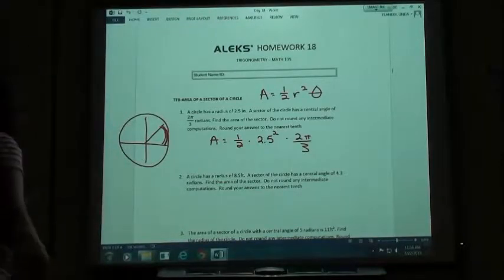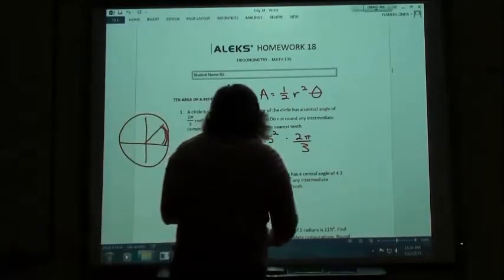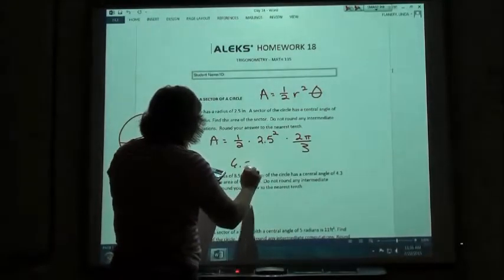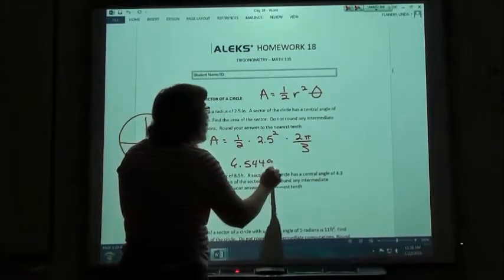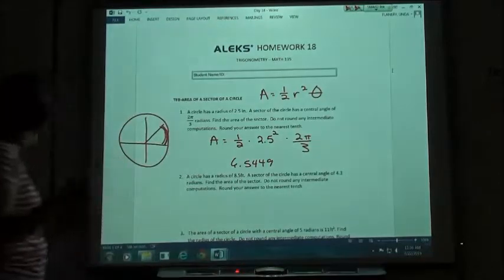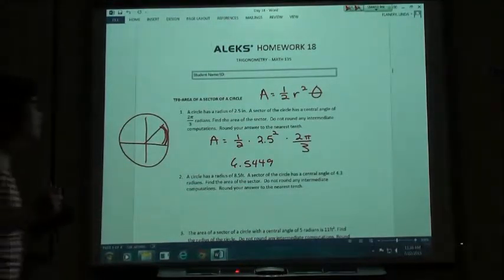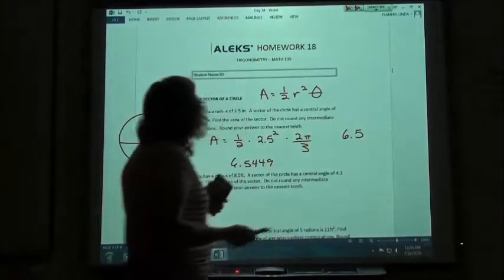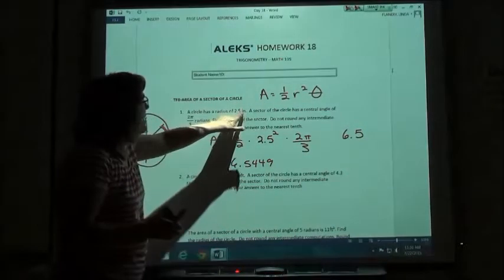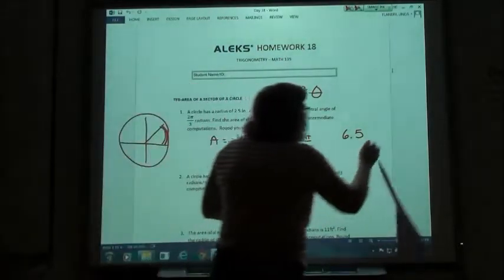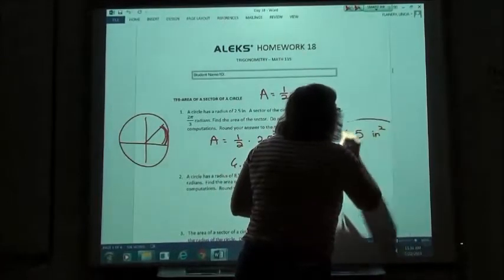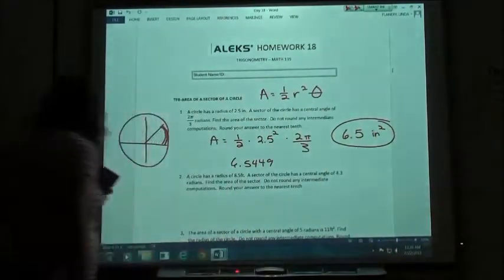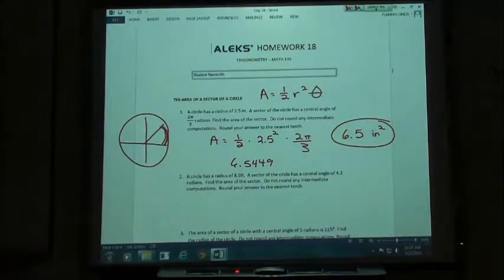When I hit equals here, I get 6.5449. I'm rounding to the nearest tenth, so I didn't really need to take it that many places, so 6.5. Since I'm finding area, I'm in inches, so area is inches squared. So 6.5 inches squared would be my answer.